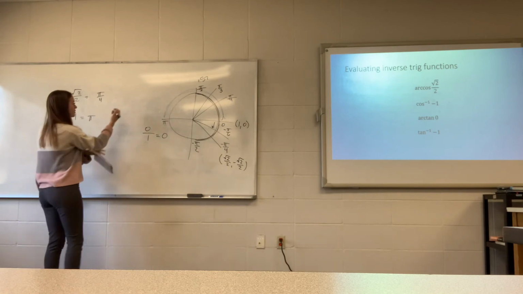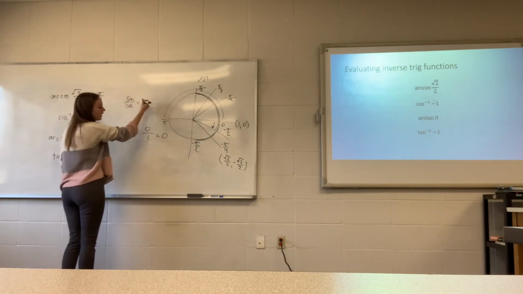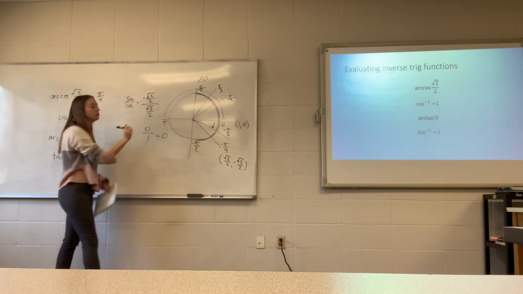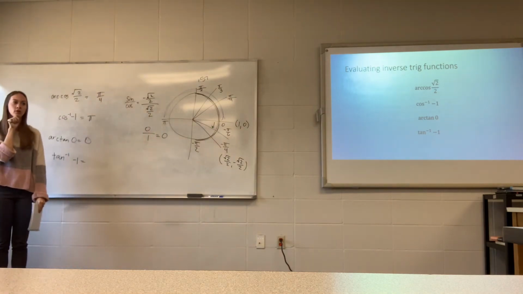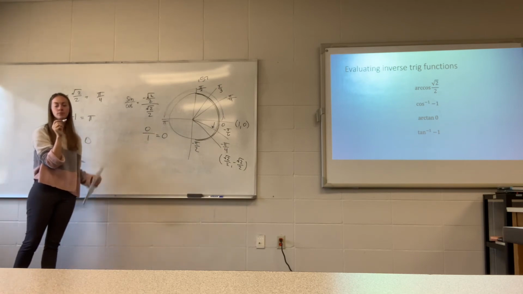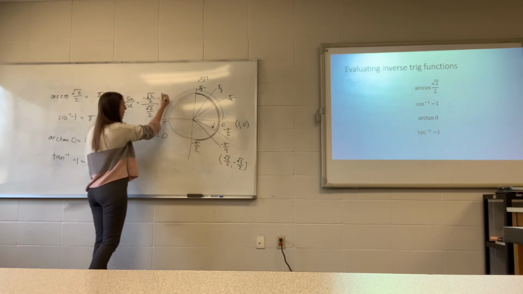So then if I do sine over cosine, I'd have negative square root of 2 over 2 over square root of 2 over 2, which what would that simplify to? Yeah, I could multiply by my reciprocal, so I could take this, flip it, and I'd have 2 over square root of 2.